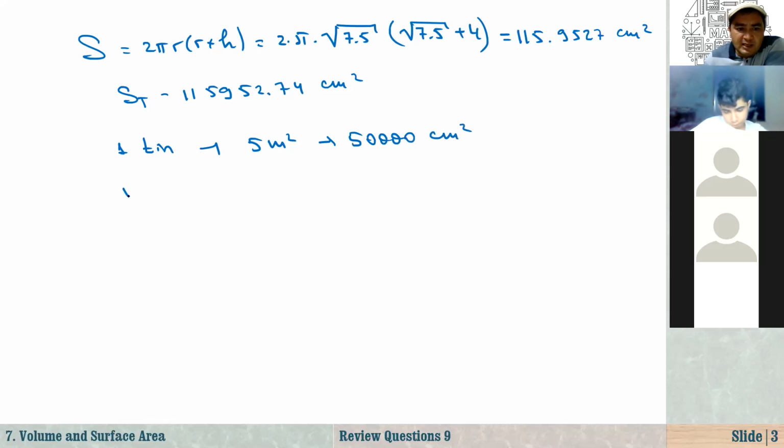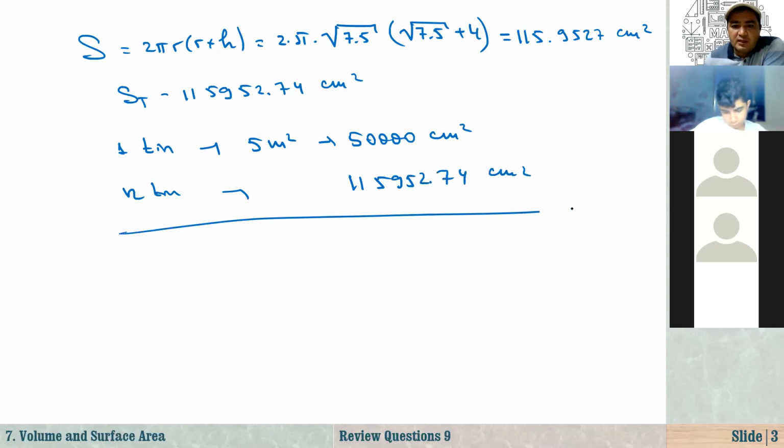The question is, n tins will be enough for 115,952.74 square centimeters. If you cross multiply and divide by 50,000, that's equal to 2.3. So here n is approximately equal to 2.3.